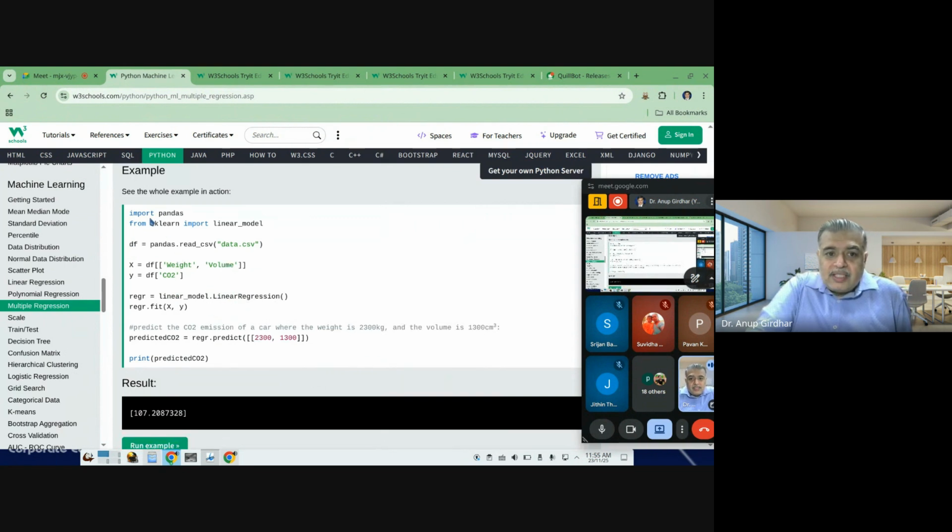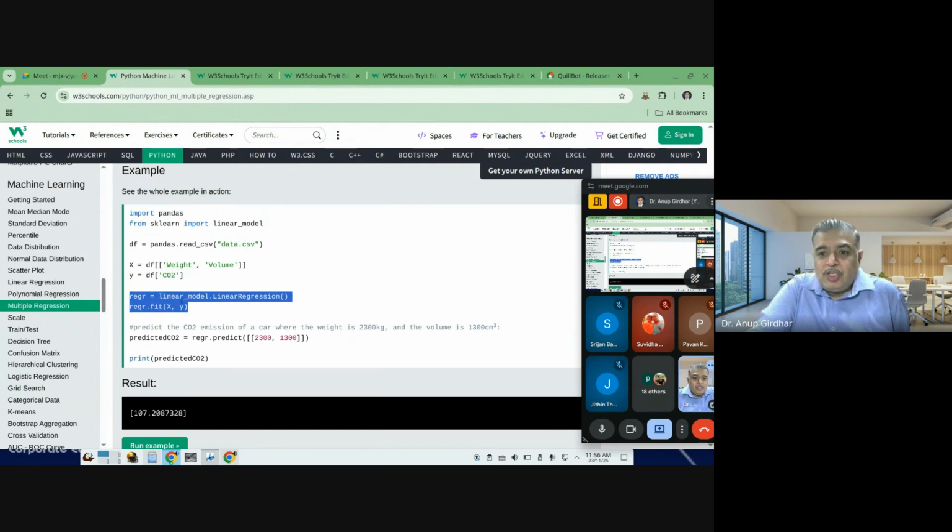Let's say you import your values, use your algorithm, pass your data set, identify your columns for independent variables, which are placed in x, and the dependent variable, which is placed in y. Afterwards we run the linear model LinearRegression method, create an object on that, and fit your data set. Once you fit, everything is fine.